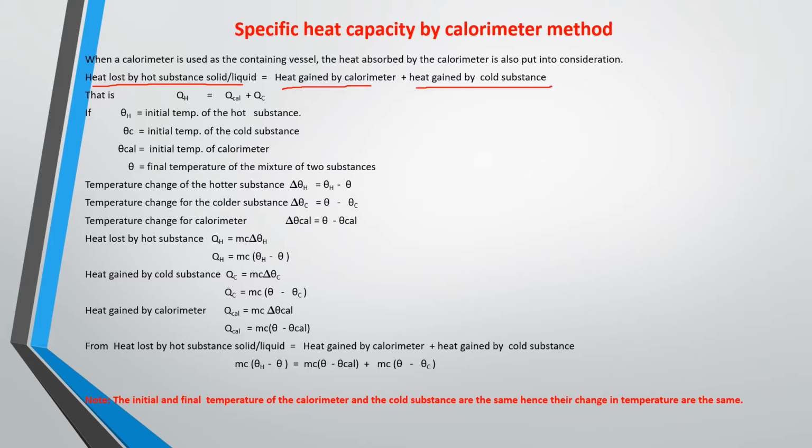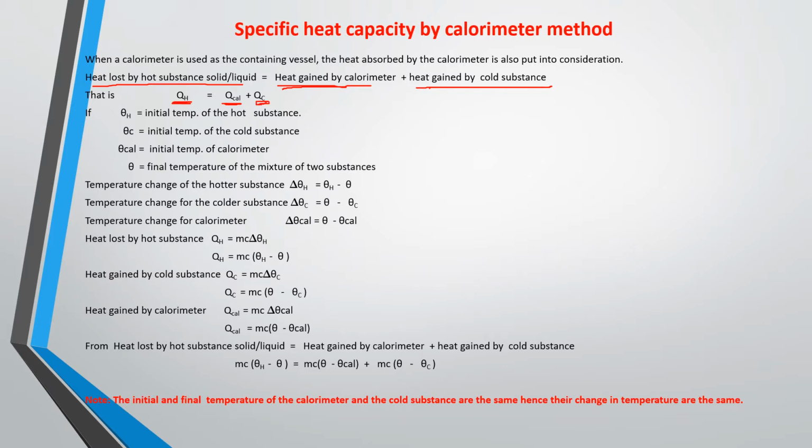We know that the cold substance is inside the calorimeter, so they have the same temperature. So you can say that the quantity of heat lost by the hot substance equals the quantity of heat gained by the calorimeter plus the quantity of heat gained by the cold substance inside the calorimeter.